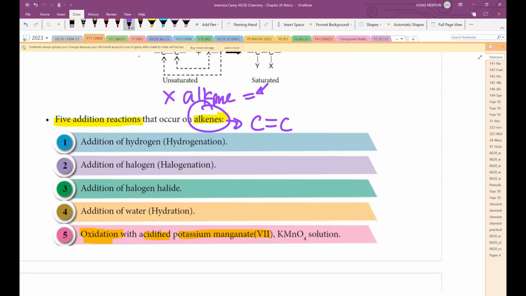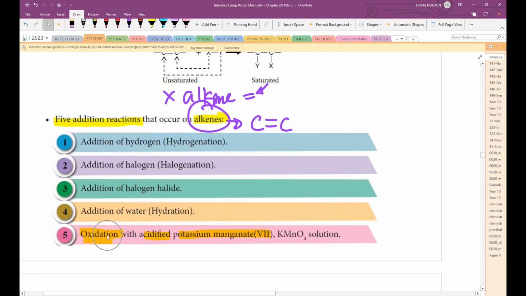Therefore, they can react with other things in the process of addition of hydrogen, addition of halogen, meaning the halogen of group number 7, addition of water, for example. Addition of water normally will be hydration, to get alcohol, the ethanol.